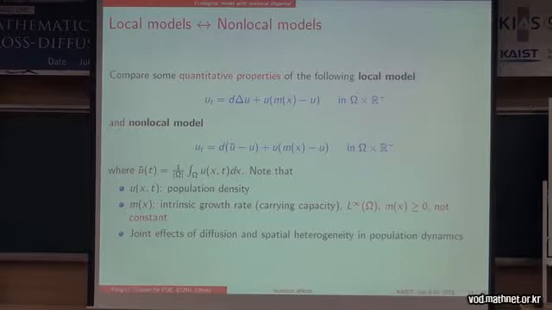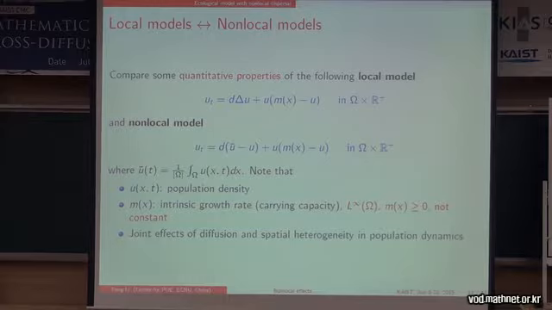M of x represents the carrying capacity. Mathematically, I assume M belongs to L infinity and is non-negative, non-constant. The purpose for these models is to understand the joint effects of diffusion and spatial heterogeneity in population dynamics.